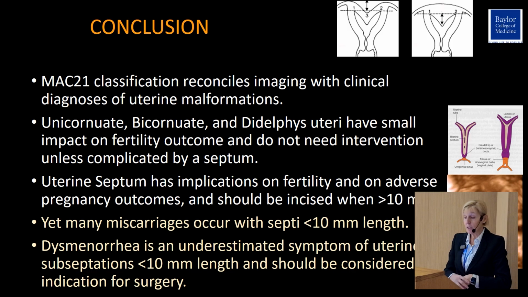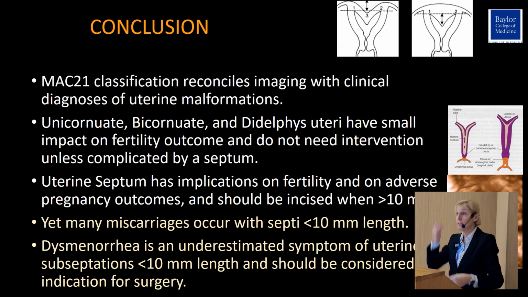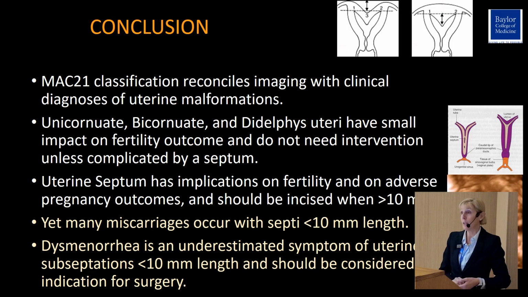Dysmenorrhea is an underestimated symptom of uterine subseptations less than 10 millimeter length and should be considered an indication for surgery, especially in these young patients that present to you in their early 20s and they have dysmenorrhea and you find the septum. Well, I never wait for them to have their first pregnancy loss before I incise that septum, but I go ahead and address it as soon as I can.